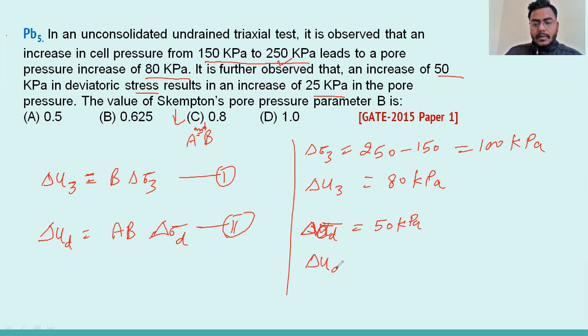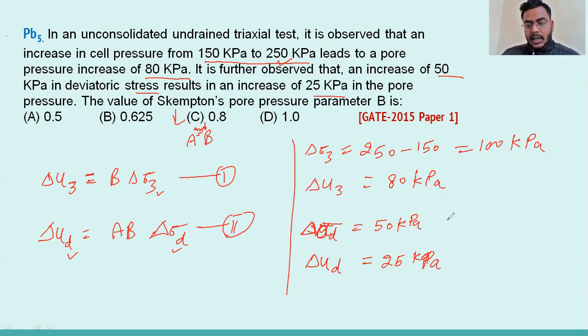Here I'm writing d, which means we are changing the deviatoric stress and the pore water pressure increases. Here I'm writing 3, which means we are increasing or decreasing the cell pressure and then the pore water pressure changes. So there is a notation you have to follow. The pore water pressure is 25 kilopascal when you increase the deviatoric stress.